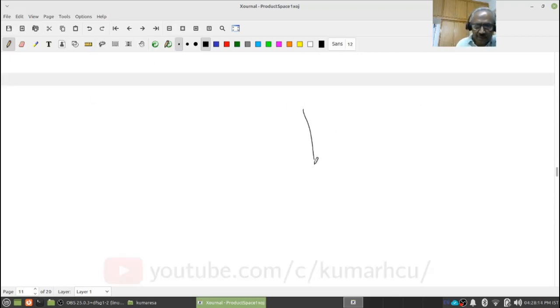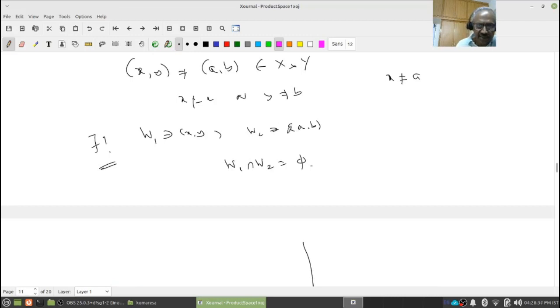How will I do that? Let us again look at the picture. So I have X. What I have done now is I have two points. This is my point a and this is my point x. They are in X, right? So I know they are distinct, that's our assumption.